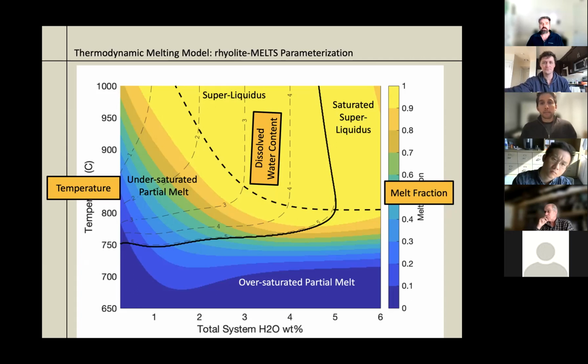I'm curious as to why the melt fraction is actually going down at the highest end of the assumed temperature and the water contents. So in that upper top corner on the right. Oh, just this little corner right there? Yep. Oh, good eye.